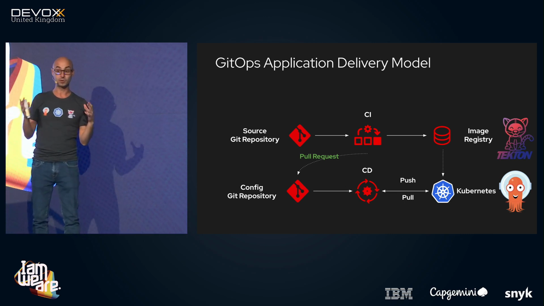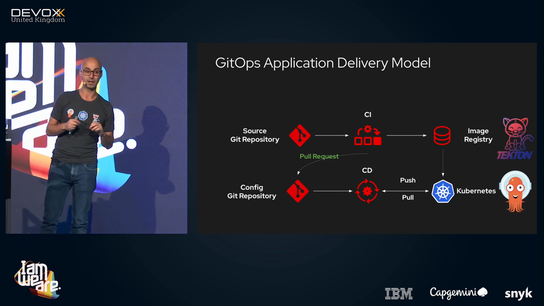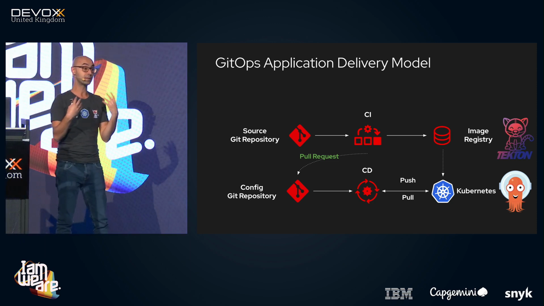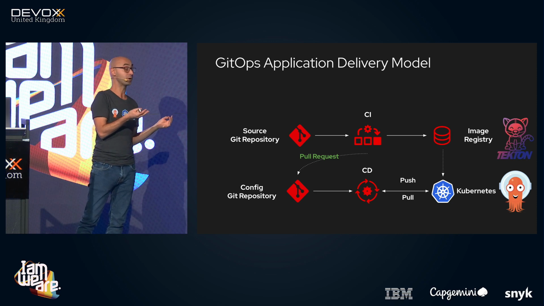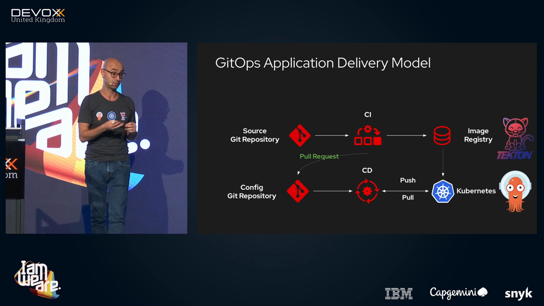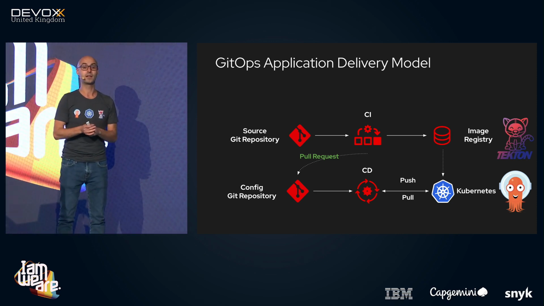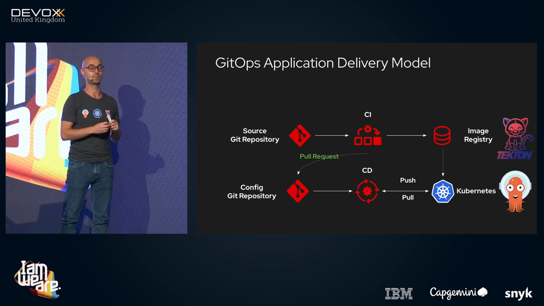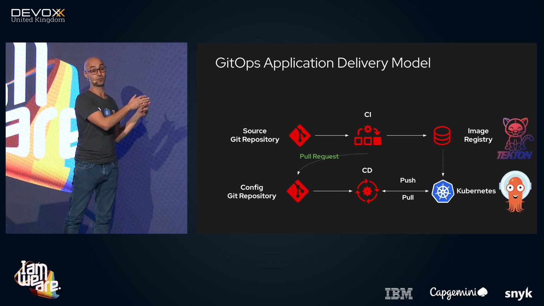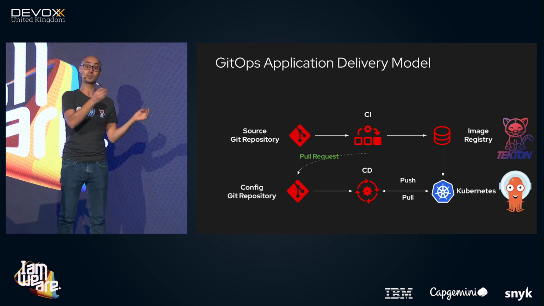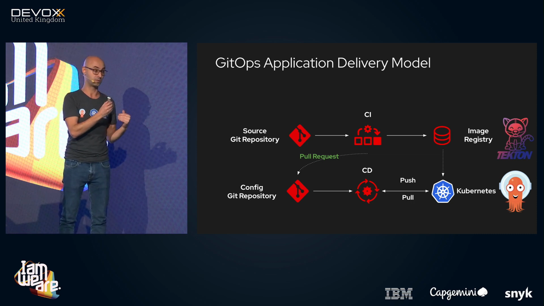Remember that we are in the GitOps scene, so what I need to do to update my application is send a pull request to another repository. Because remember that we said that in GitOps, the truth is in a Git repo. It means that a new version means that we need to update some Git repository.